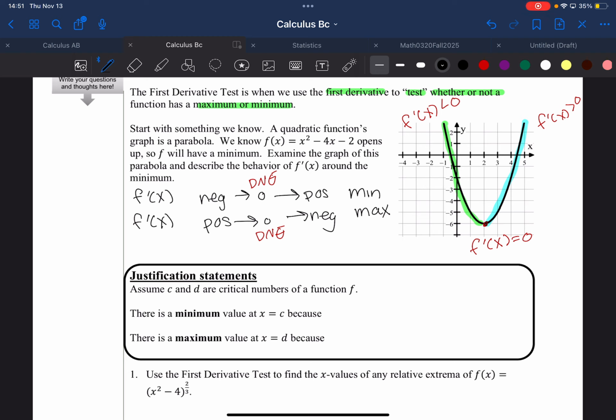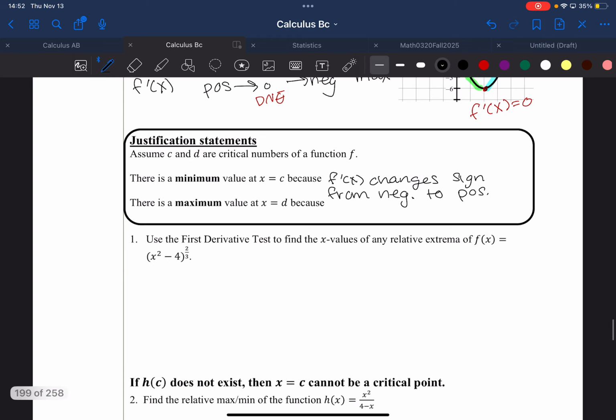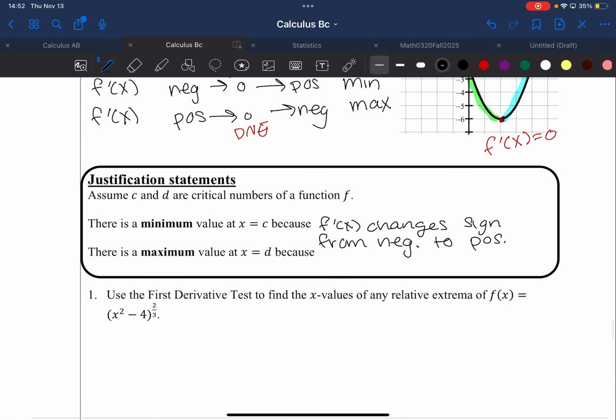There is a minimum value at x equals c because f prime of x changes sign from negative to positive, just like we talked about above. And then it says there's a maximum value at x equals d because the derivative changes signs from what? Positive to negative.